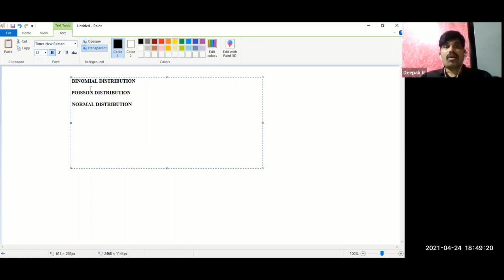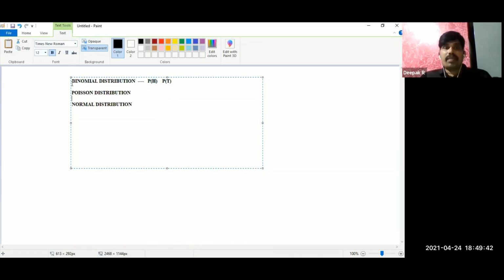Now, when I talk about binomial here, what we are saying is, what is the probability, what is the chance of a head, or what is the chance of a tail. So you will notice you have got just two aspects: either success or failure, head or tail.